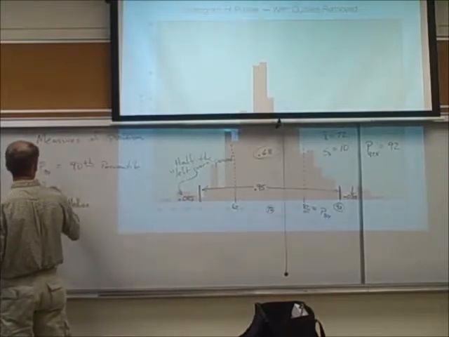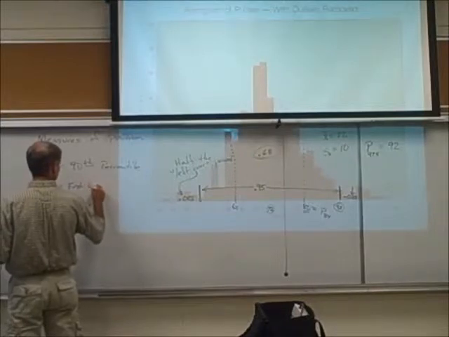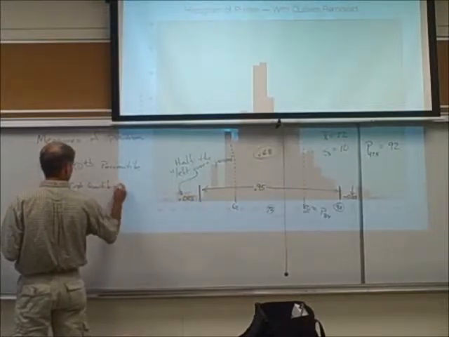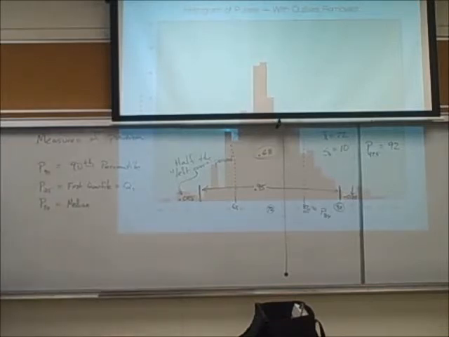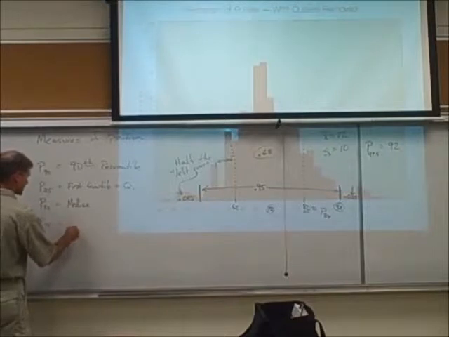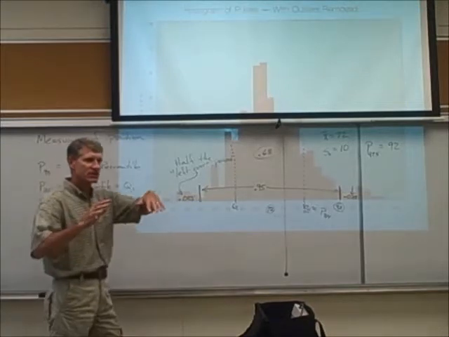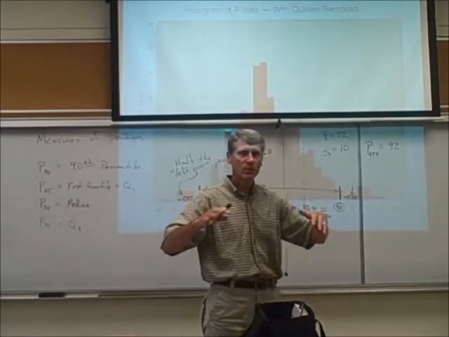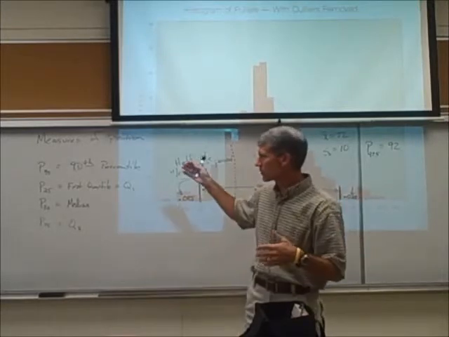P25 is called the first quartile, which we will abbreviate with Q sub 1. And then P75 is Q3, the third quartile. If you want to divide your population or your data into fourths, that's quarters, so quartiles.